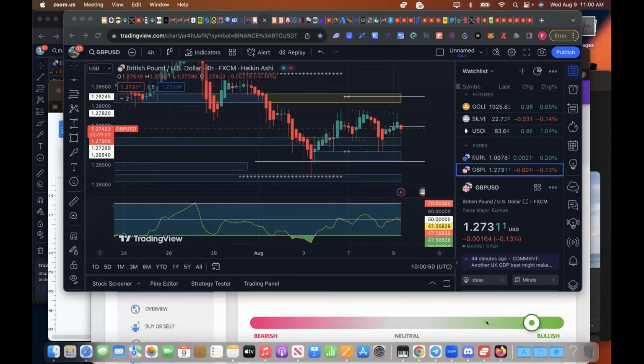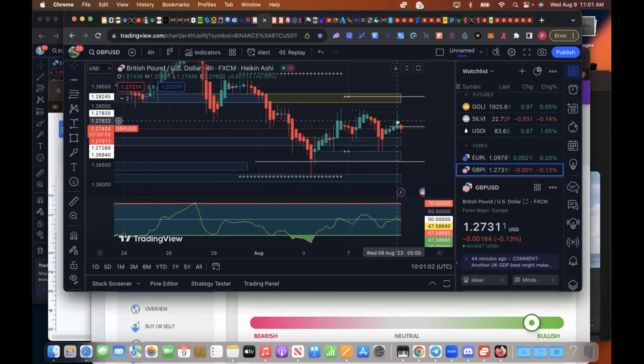On GBP USD, wait for the confirmations. Look at GBP USD to pull back. I've seen sell positions on GBP USD at about 1.27, 1.275, and definitely look at the area of support down here, which is about 1.26. So if anyone is on the GBP USD, you should be selling.